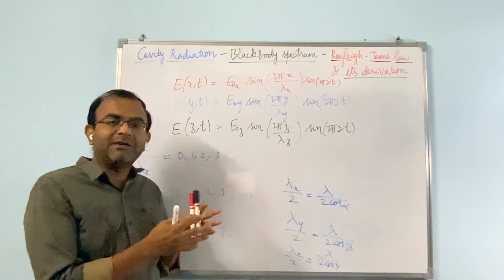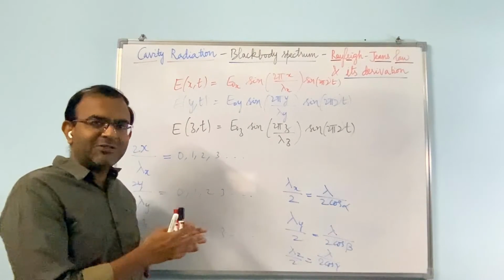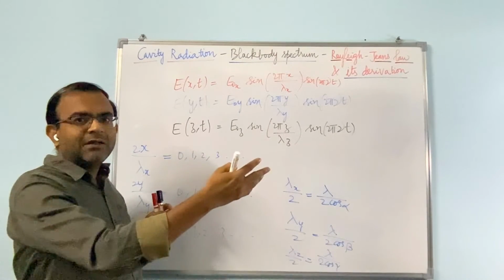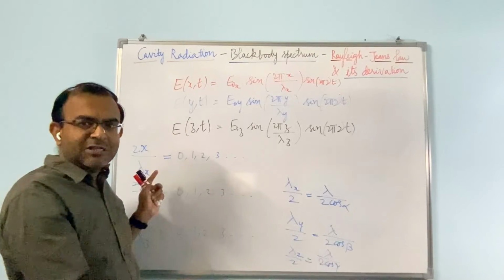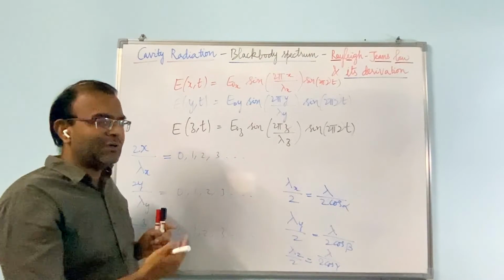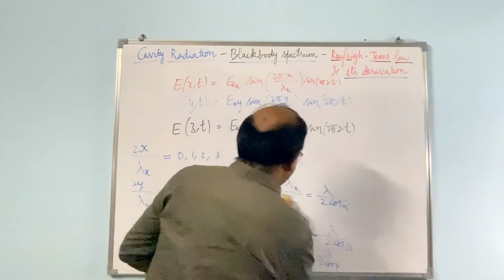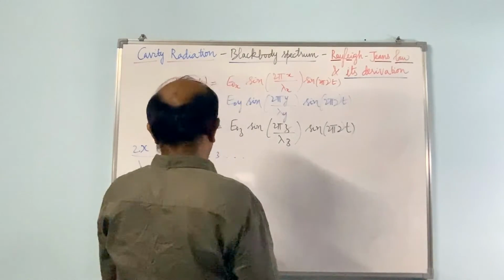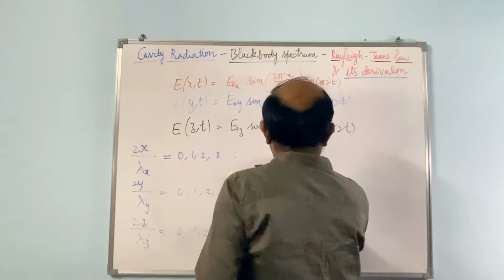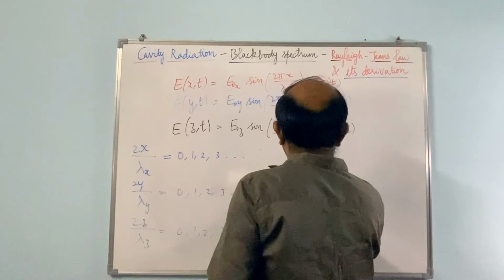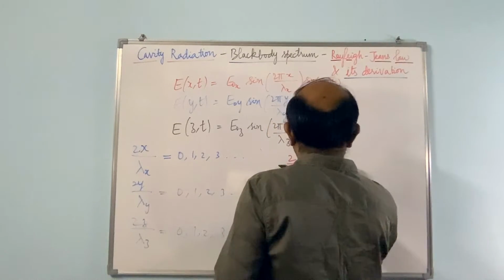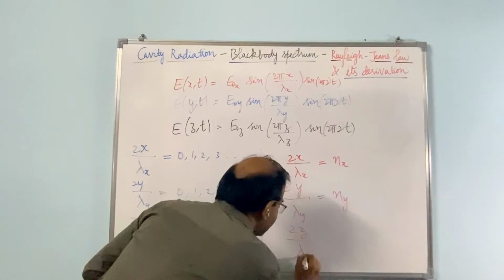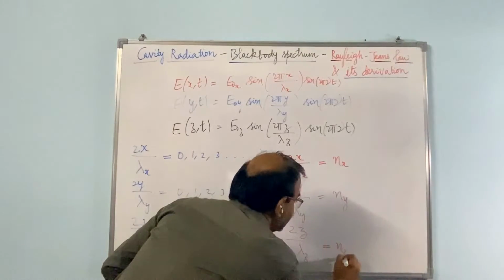Now if we keep x is equal to 0 as the origin where the first node is formed, then we know that there is a node on the corresponding axis at a point x is equal to a, let us say. For that, we can write the condition as 2x over lambda x is equal to nx, and 2z over lambda z is equal to nz.